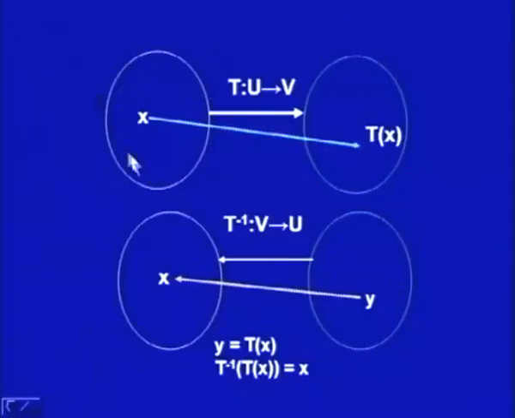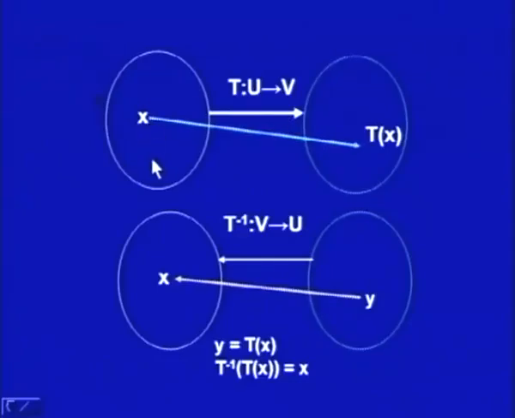Here I have two vector spaces U and V. T is a transformation which takes x to T x. Now, T inverse is a transformation which will take y to x. Since T is a transformation, we said T has to be non-singular, that means only one element maps to each element.